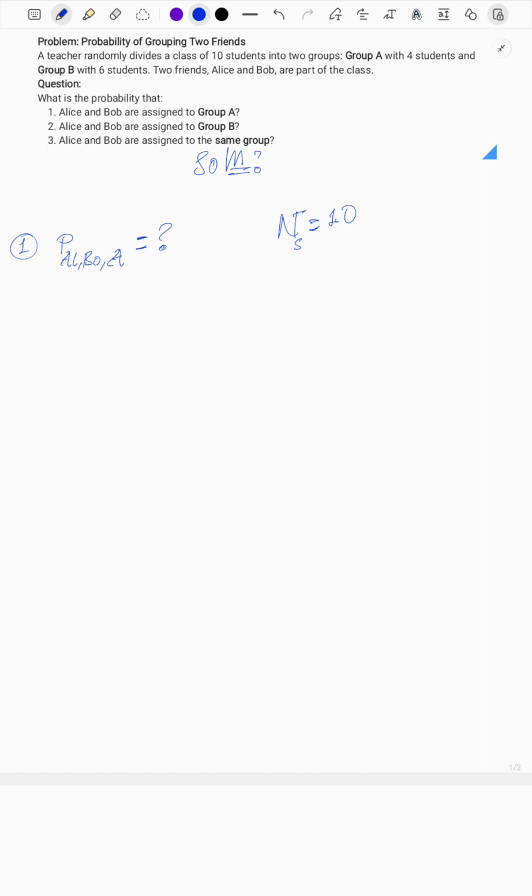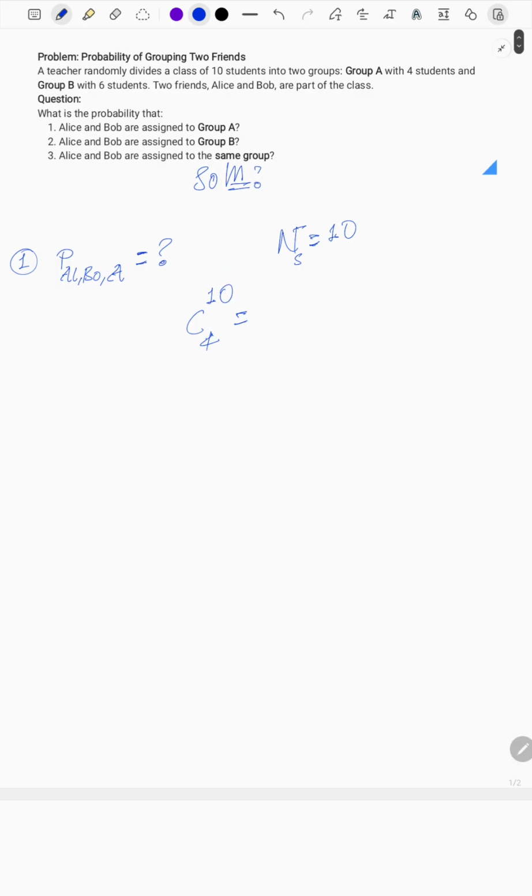In how many ways can we choose 4 students from this 10 total number of students? So the number of ways we can assign 4 students to Group A is this one. We need to choose 4 from the total number of 10 students.